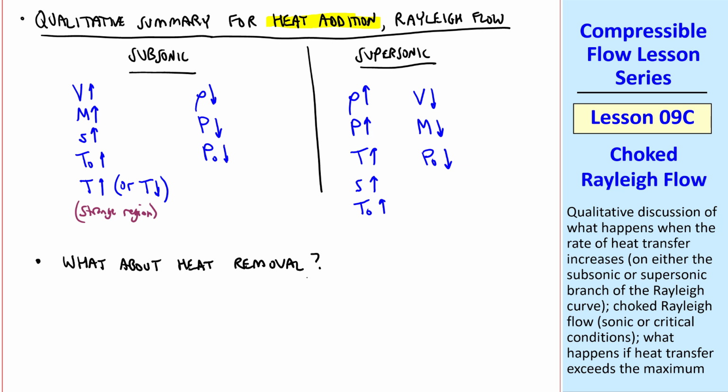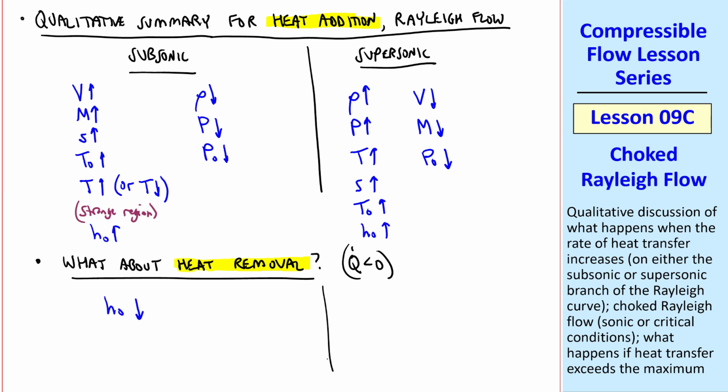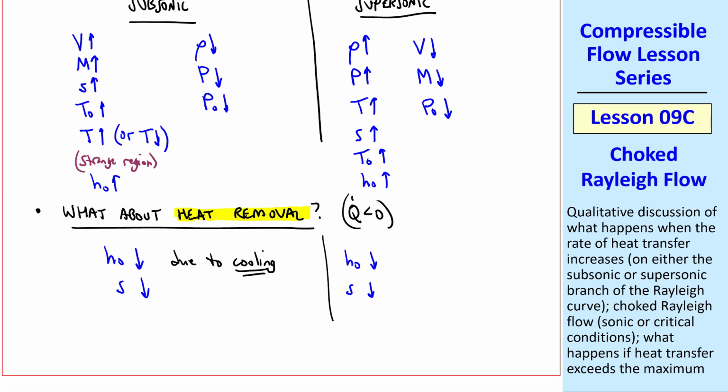What about heat removal when Q dot is less than 0? I'll add here that H naught goes up in both the supersonic and subsonic cases for heat addition, but for heat removal, H naught goes down due to the cooling, and that's true in both the subsonic and supersonic cases. S also goes down for either case, but pretty much everything else is opposite.